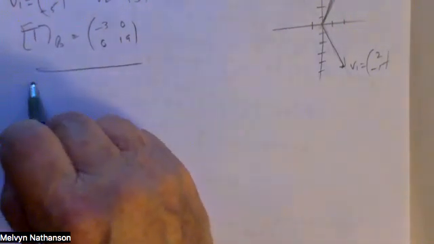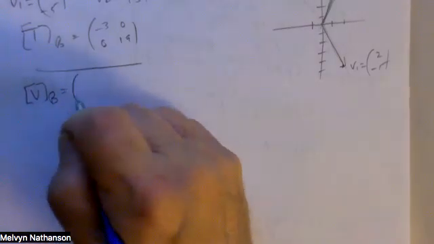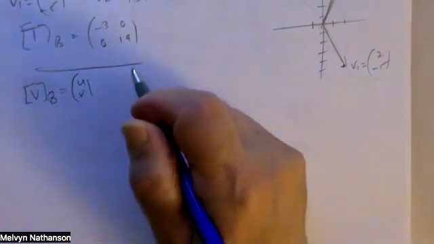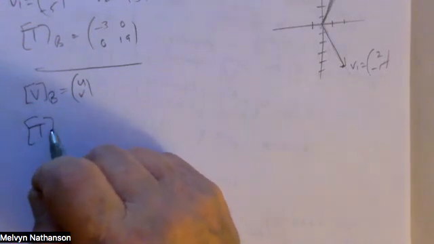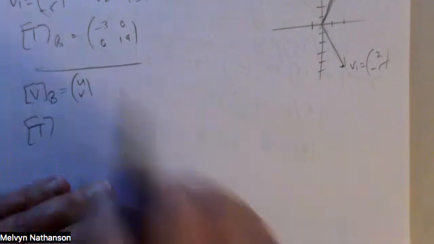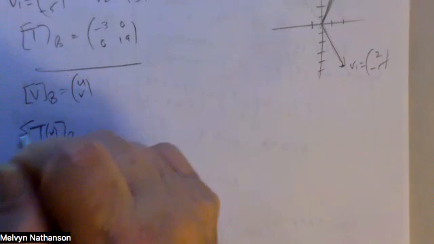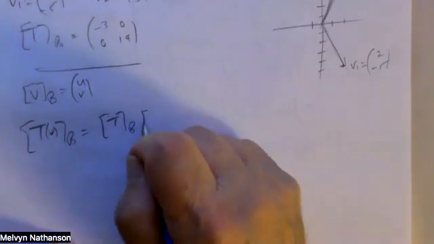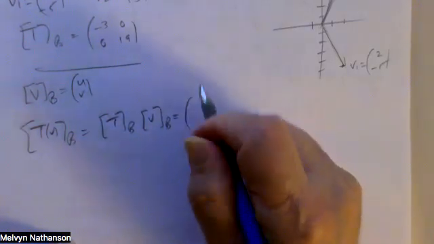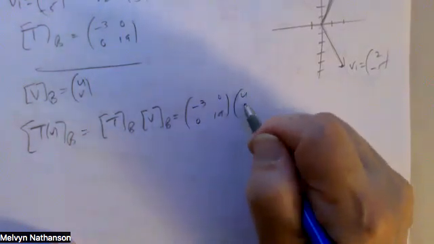So if you take any vector V and you write the coordinate vector of V with respect to the basis B, let's say it has coordinates (u, v), then if I take T of V, and I want to know what its coordinates are with respect to the basis B, I take the matrix for T with respect to B times the matrix for V with respect to B. That's (minus 3, 0; 0, 19) times (u, v).